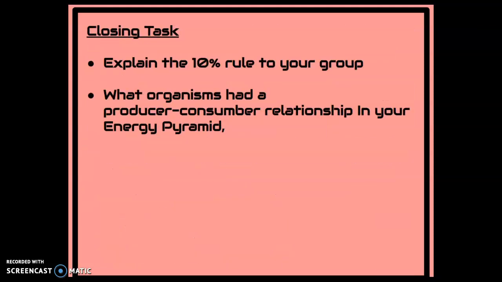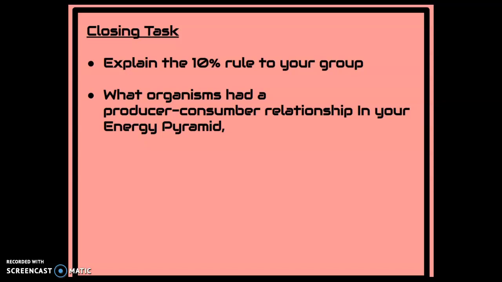Okay, last thing, closing task. Just on a sheet of paper somewhere, explain the 10% rule. In class, we're going to explain these to our groups. There are 3 to 4 people in a group, and they'll explain it to each other. The next one is, what organism had a producer-consumer relationship in your energy pyramid?